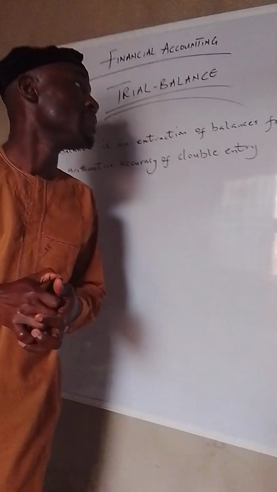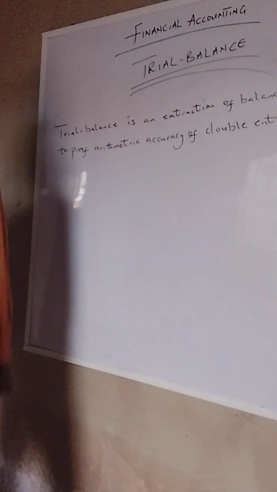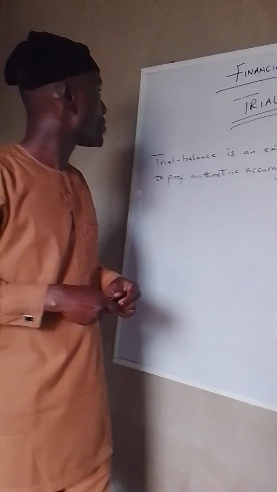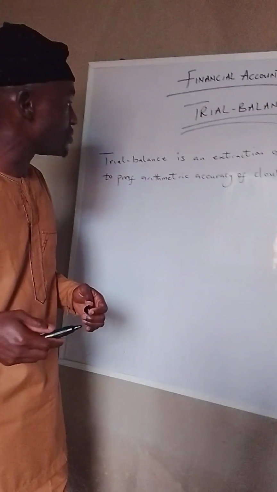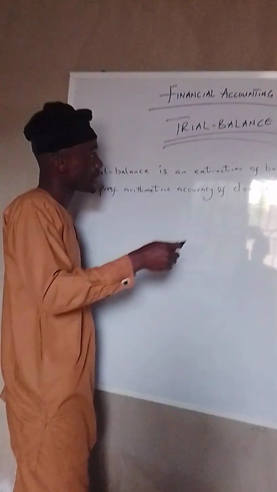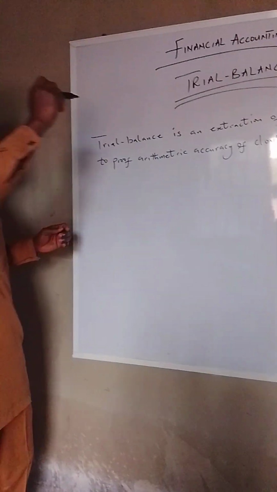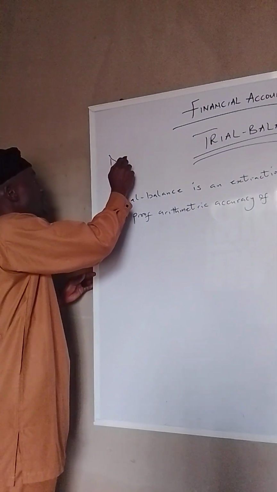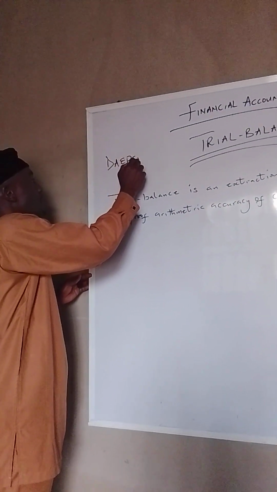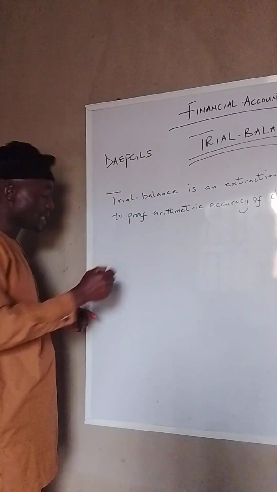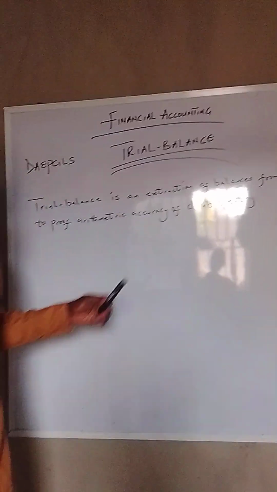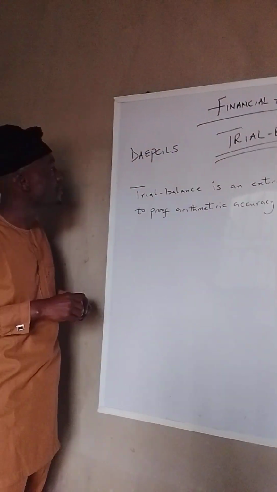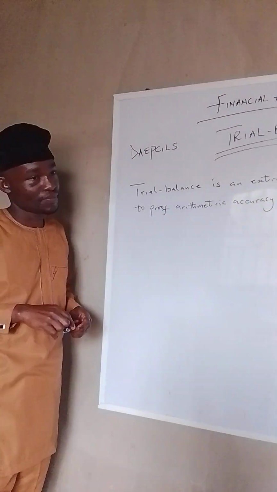Now, to simplify it for us, so that we can understand it better, there is a rule we use in trial balance. The rule says DAPC. That's the rule, and we must understand what it's all about.